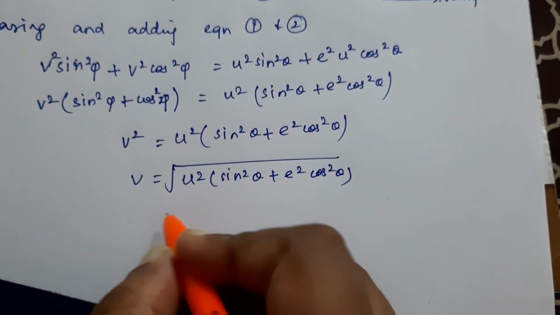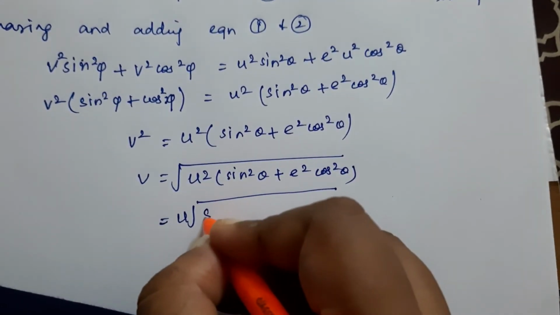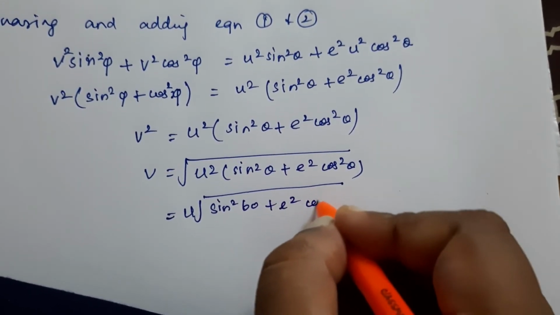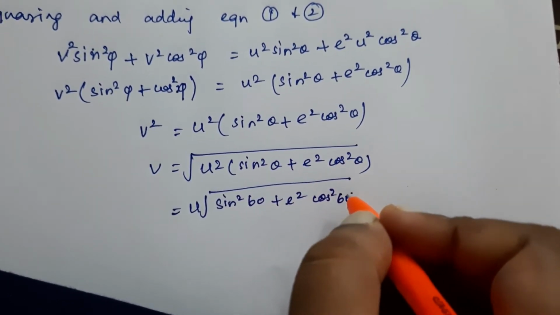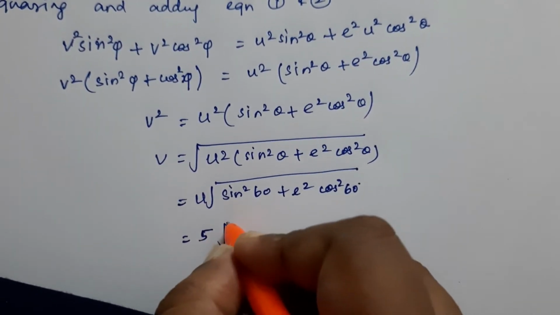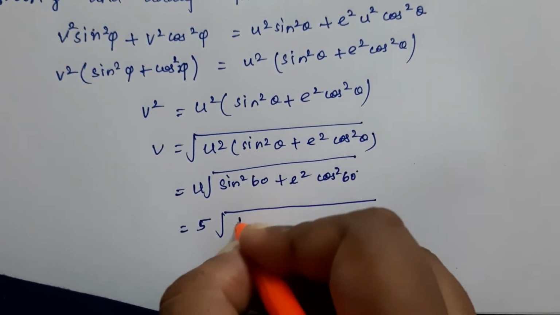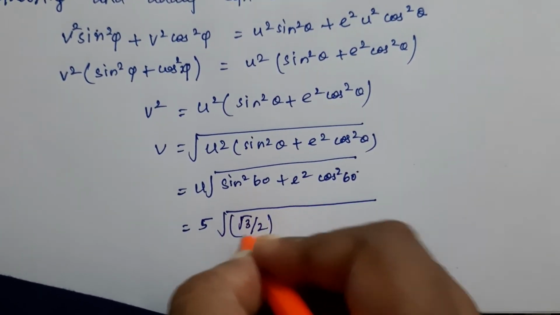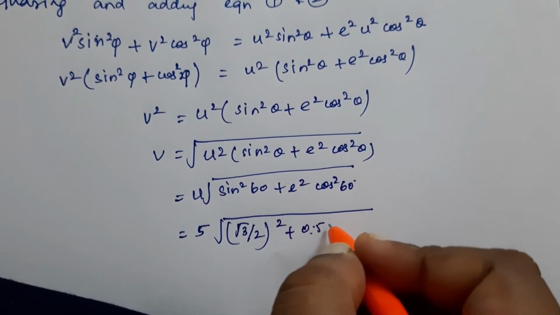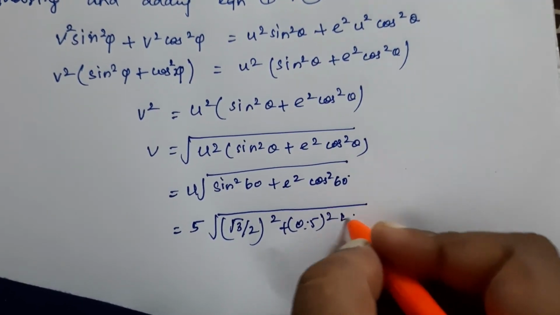Now substituting the values here. Here u I can take outside the root of sin square 60 plus e square cos square 60. So u value is 5 into root of sin square 60, that is root 3 by 2 the whole square, plus e value is 0.5, 0.5 the whole square into 1 by 2 the whole square.